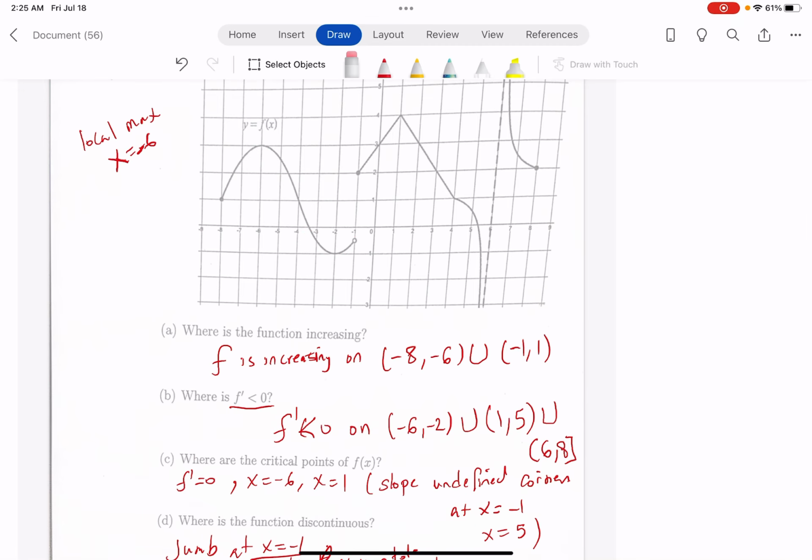But let's see, is that the switch? Well, no, let's look at it. It goes like this. This is still concave down, still concave down until it might be at this point, -3 and 0.5.